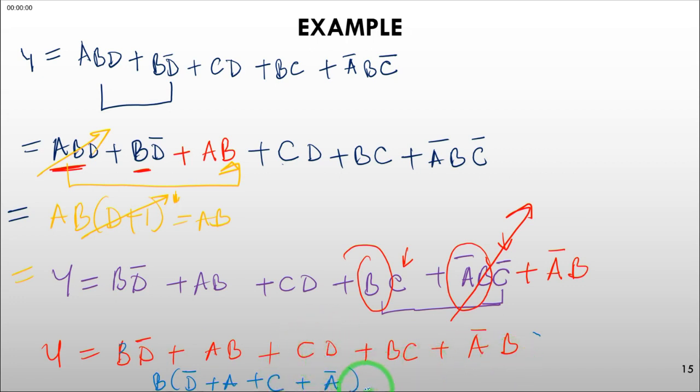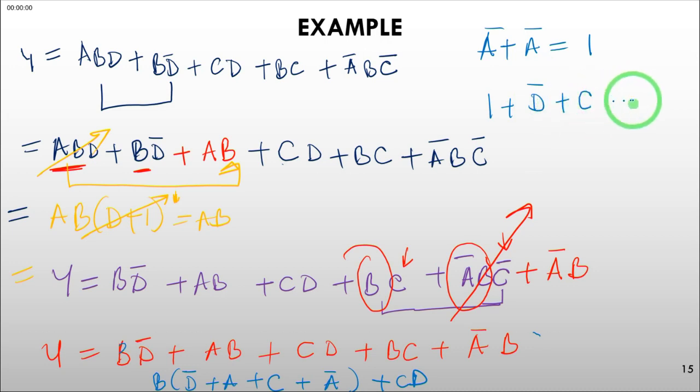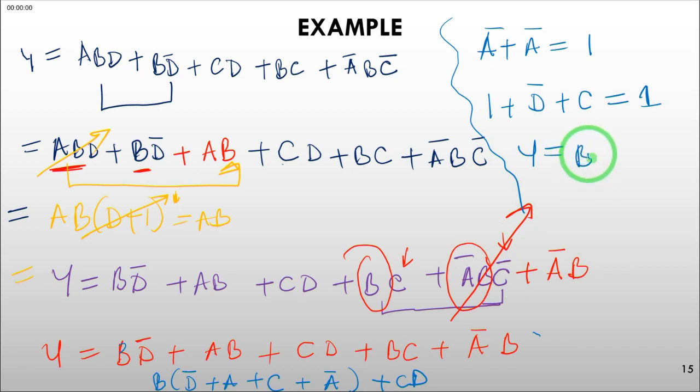This term doesn't have B, so this term will come in there, CD. So what we should remember is that A or A bar is equal to 1, and 1 ORed with anything else, in this case D bar or C, will always be equal to 1.